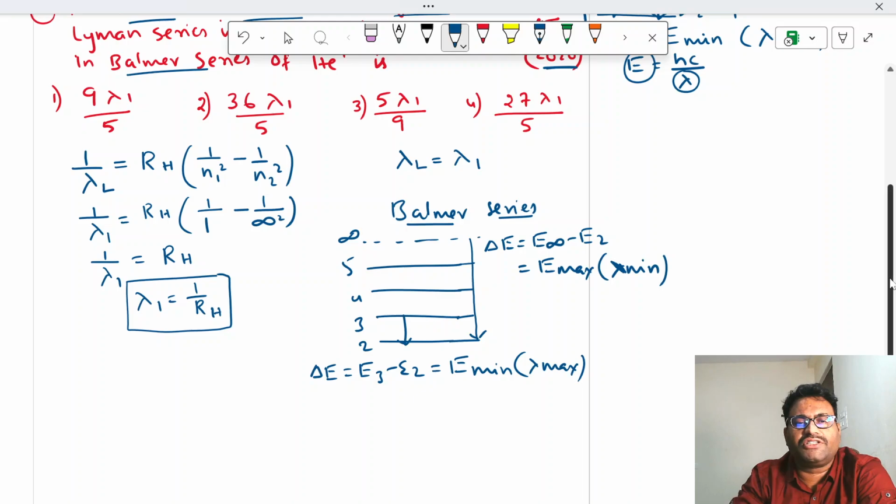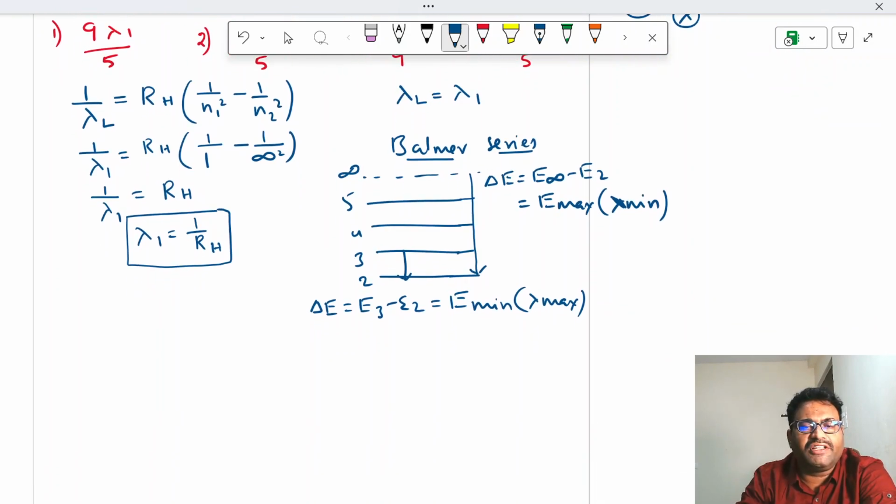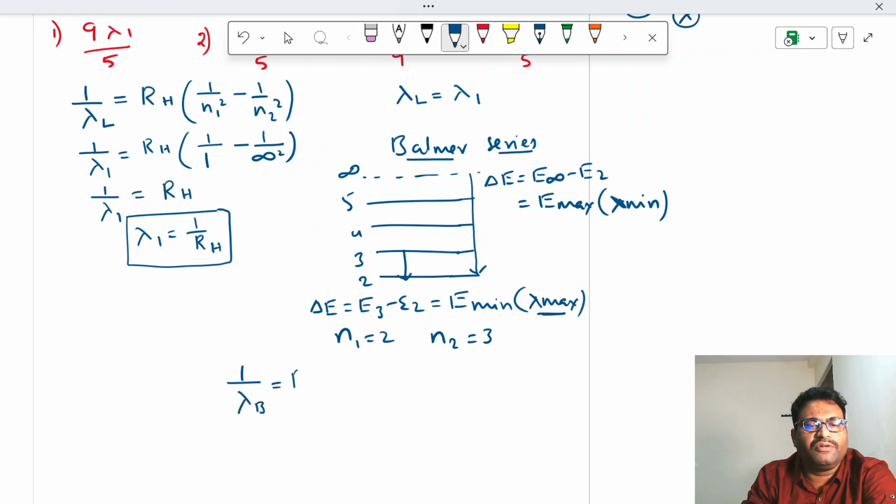So what is asked in the question? Longest wavelength, that means maximum wavelength line. Maximum wavelength line will be this one, electron de-exciting from 3 to 2. So we take N1 is equal to 2, N2 is equal to 3. Then from Rydberg formula, what can you write? 1 by lambda Balmer is equal to RH, same hydrogen atom, into 1 by 2 square minus 1 by 3 square. So 1 by lambda Balmer is equal to RH into 1 by 4 minus 1 by 9.